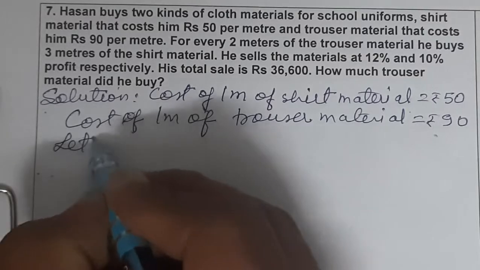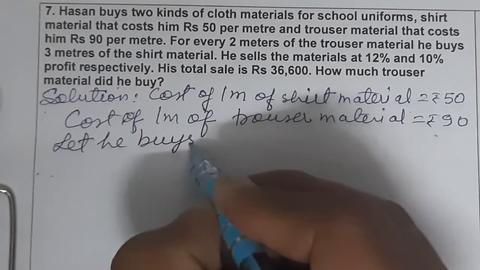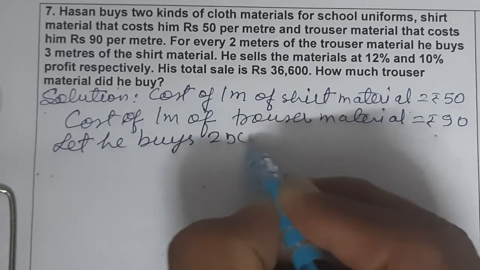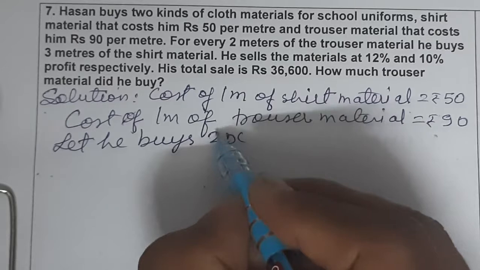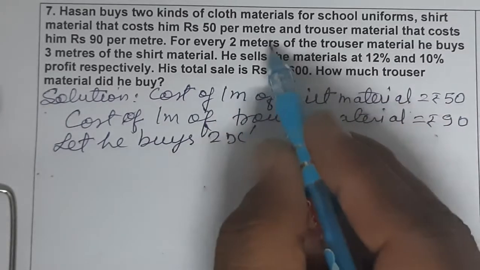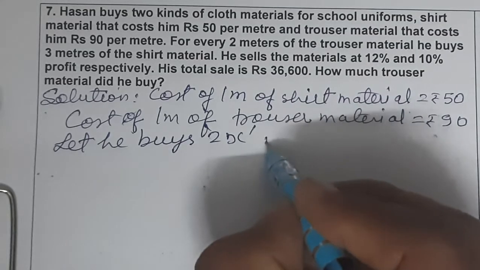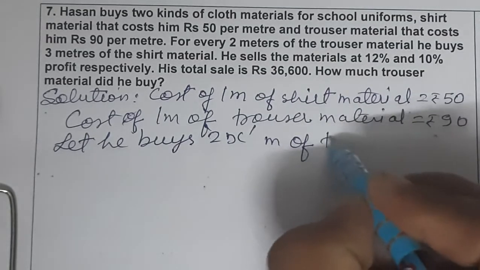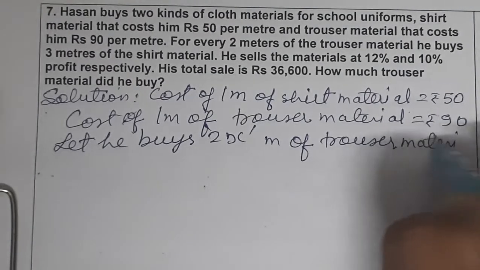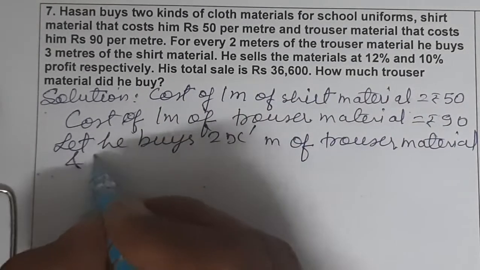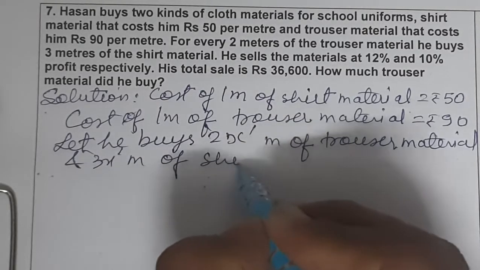Let he buys 2x because ratio is 2:3. So 2x and 3x we will take. Let he buys 2x meter of trouser material and 3x meter of shirt material.